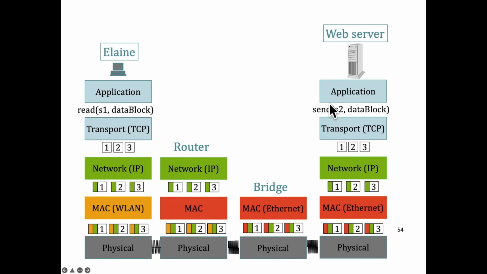This web server will first check the destination IP address of Elaine, whether they are in the same local area network or not, using the network mask, and you see it's not. So it knows that from the IP address. Exactly. And that's why you then use the MAC address of the router, because that's the default gateway for you. You want to go out of this local area network.